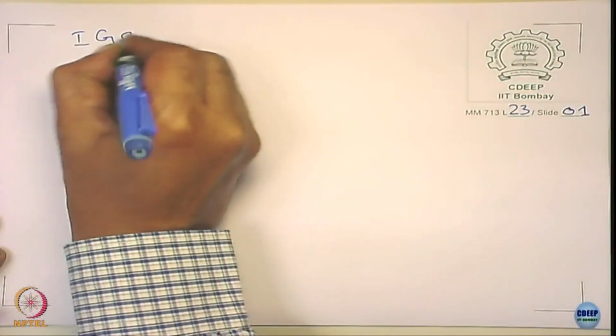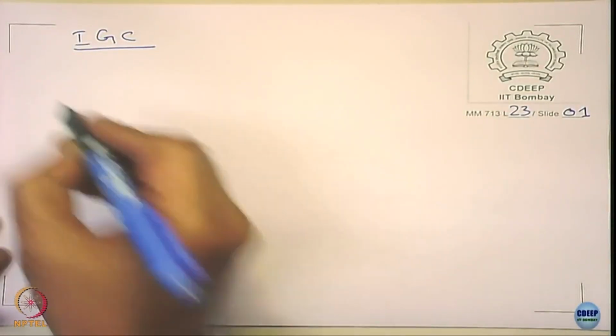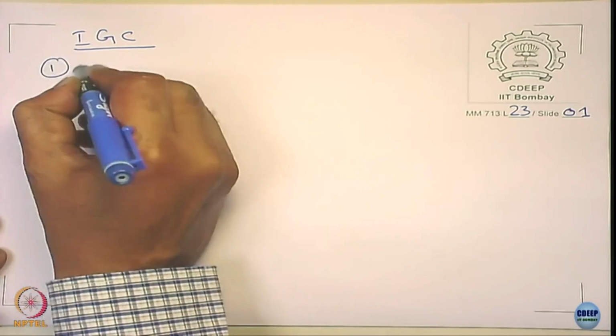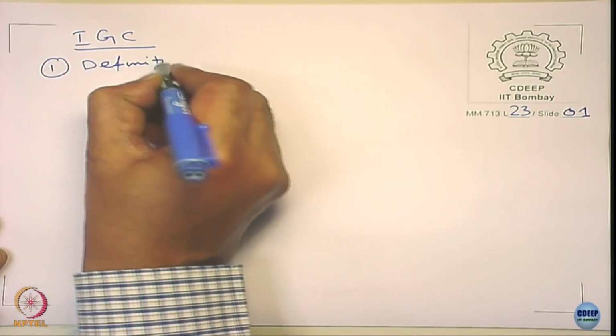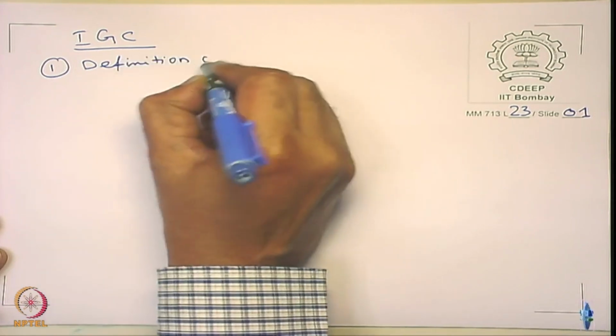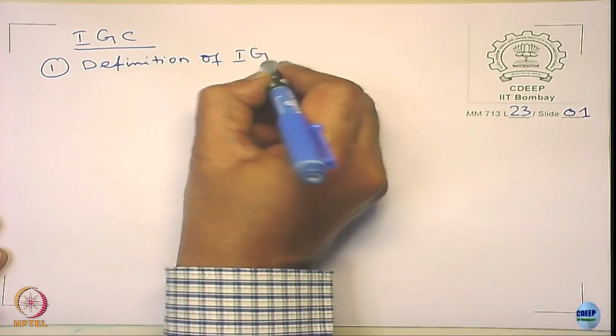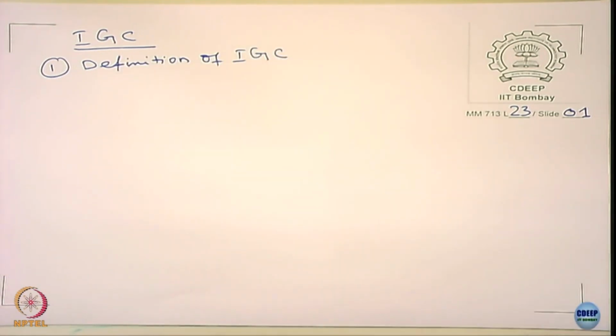If I can summarize what we have seen so far, we are, I suppose, clear on the definition of intergranular corrosion, right. I think you should be very clear that it is happening at the grain boundary, selective attack taking place.